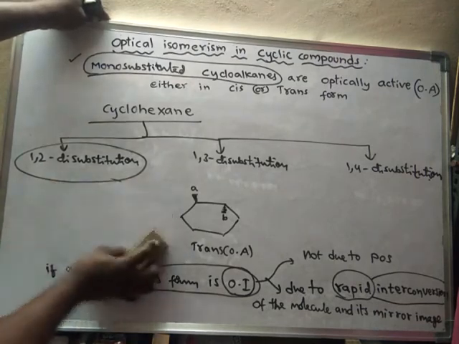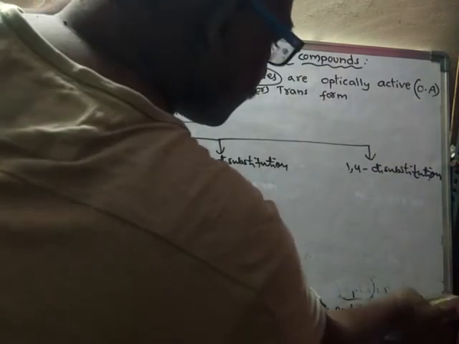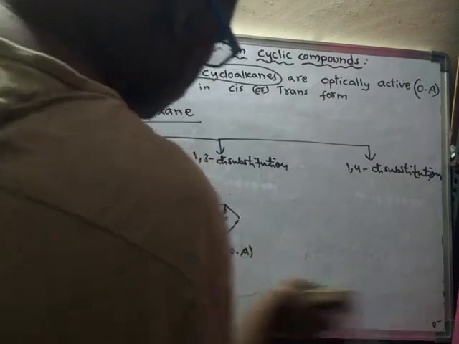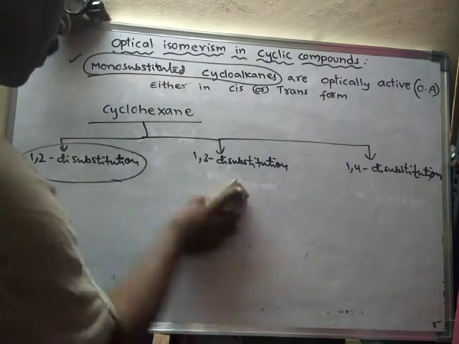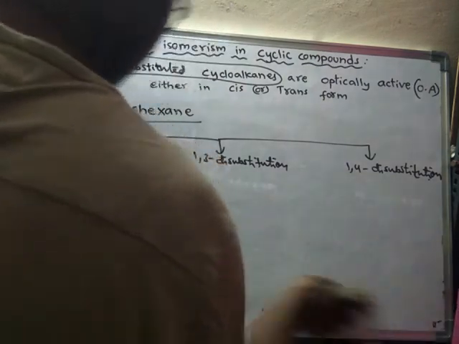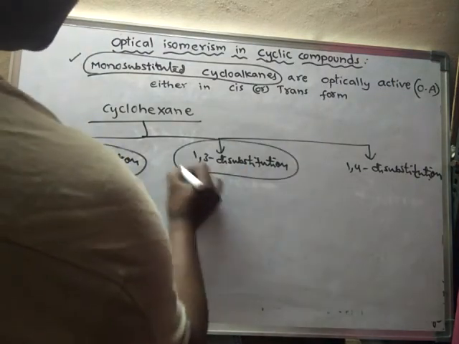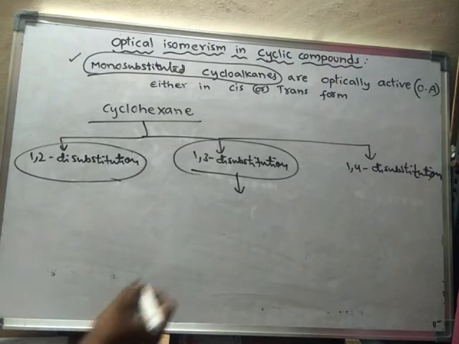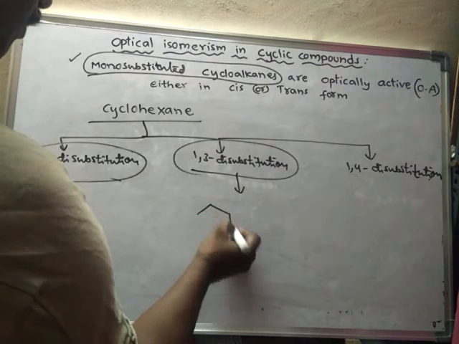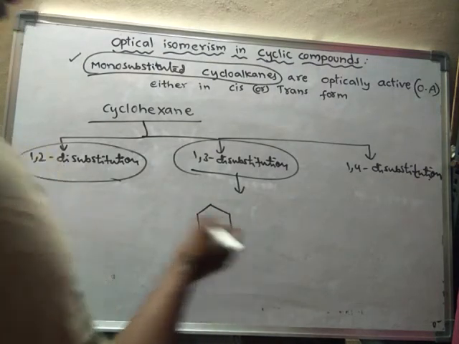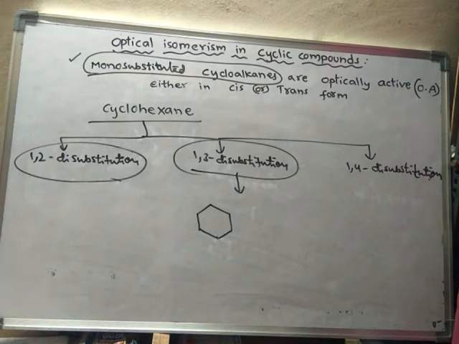1,3 disubstitution in cyclohexane. So suppose this is cyclohexane.